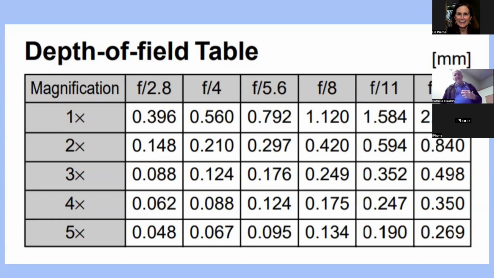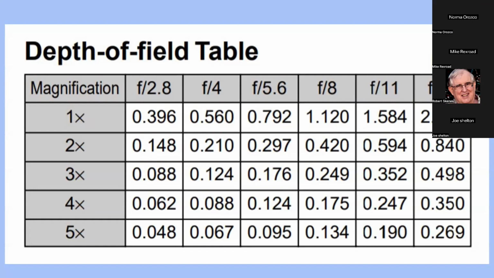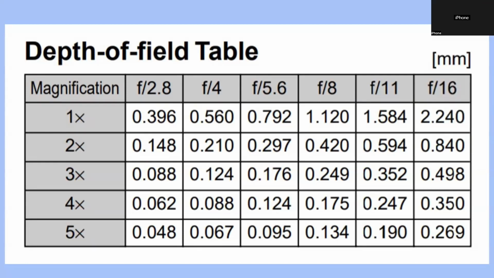So if you start at f10, at one magnification you're going to have 1.3 or something. Well, f11. Just say you start at f11. So now you're at almost 1.6 millimeters. So you gain a little bit there, and then your ISO.